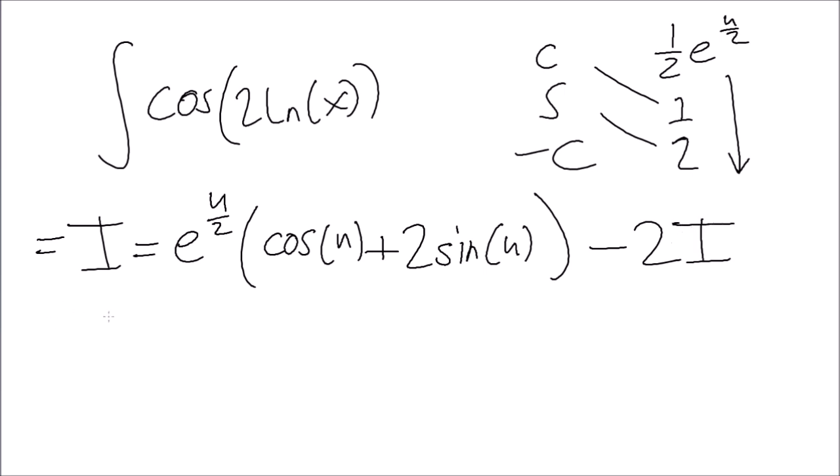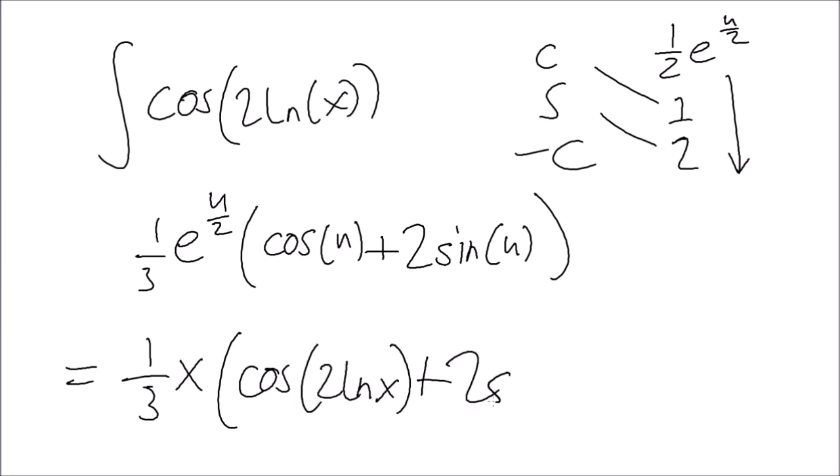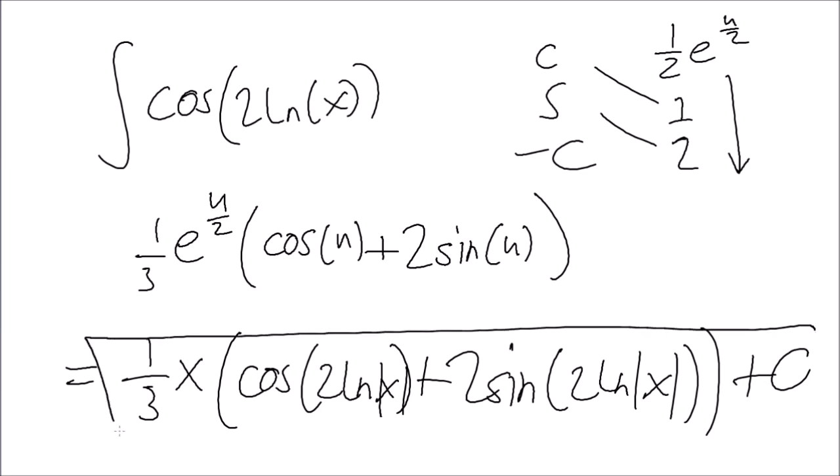You add that, this will give you 1/3, and then you should get like 1/3 of e to the u, which is ln of x, 2 ln of x actually. So this is like x, and then cosine 2 ln x plus 2 sine 2 ln x. Use absolute values actually, and then you won't get penalized. Alright, cool.